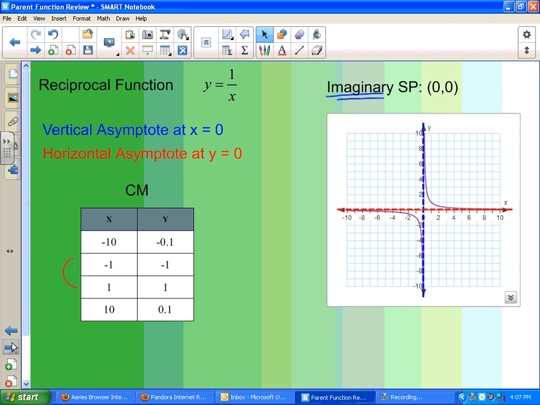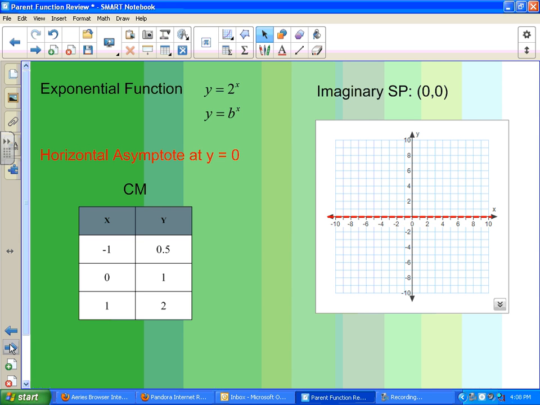But considering this negative 10 left, down a tenth, and then a left 1 down 1, and a right 1 up 1, and a right 10 up a tenth, we're just going to go with the ones we know. So those are the movements of a reciprocal function and the graph that it generates. Again, going off an imaginary start point. Notice the graph doesn't go through 0, 0.